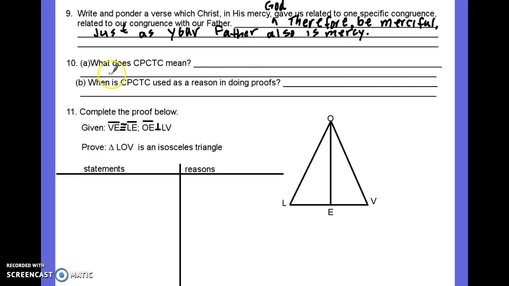Now, in number 10, it's got two parts to it. What does CPCTC mean? I trust many of you will be able to say it very, very quickly and loudly, that it means corresponding parts, or matching parts, of congruent triangles.